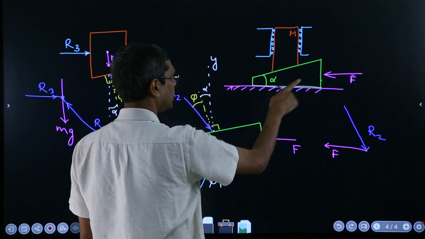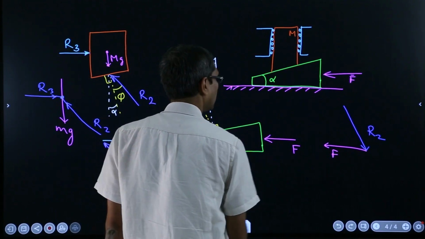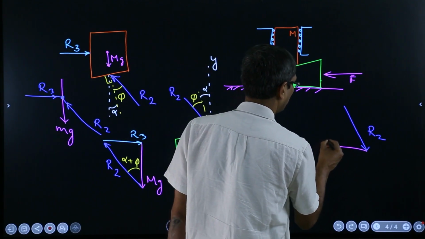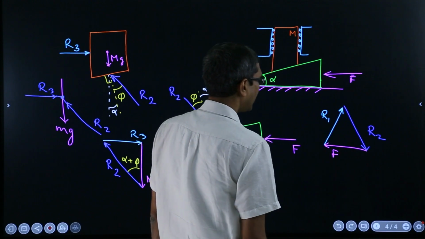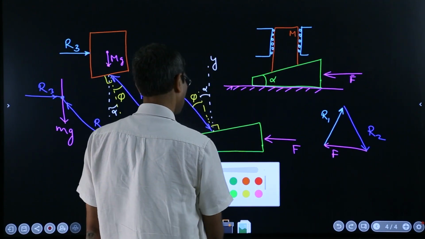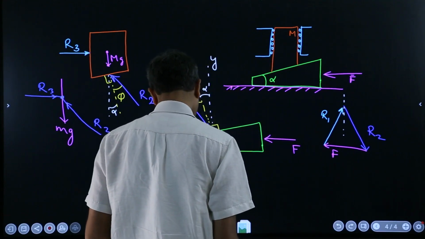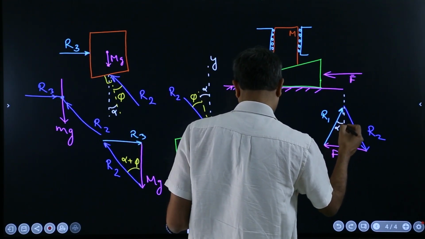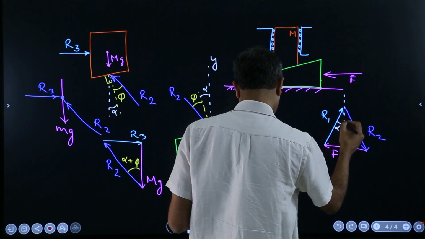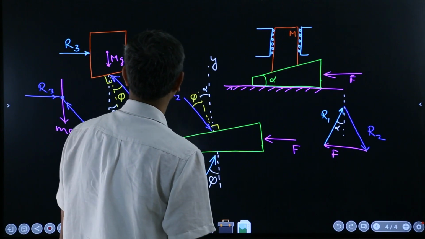And then R1 should be such that it will just join that thing or complete the triangle, R1. And if I draw, say, the vertical here like that, this is phi, and so this is alpha, right?